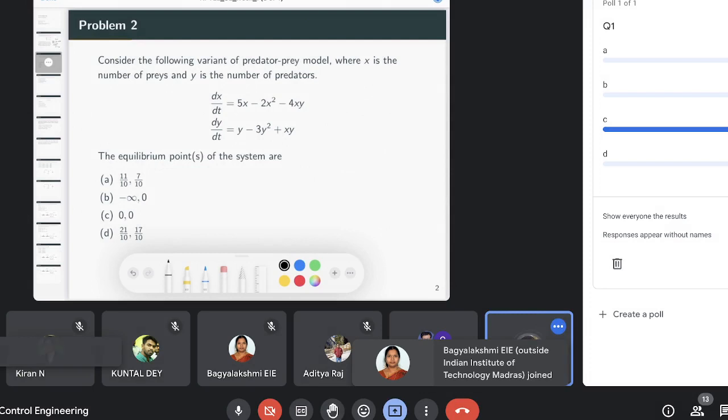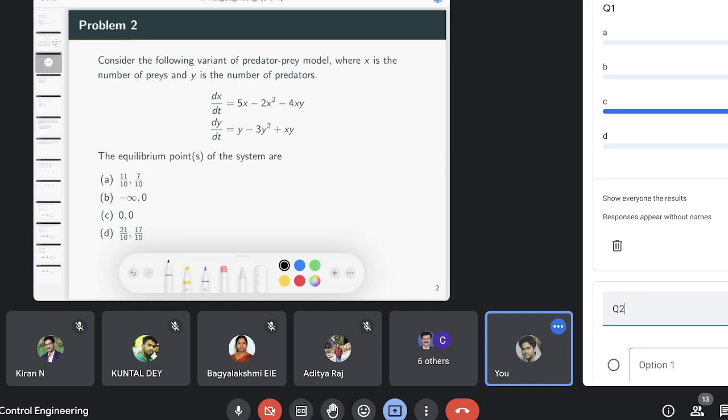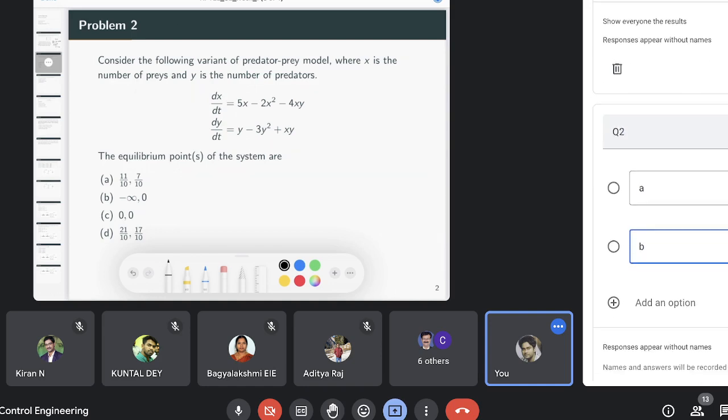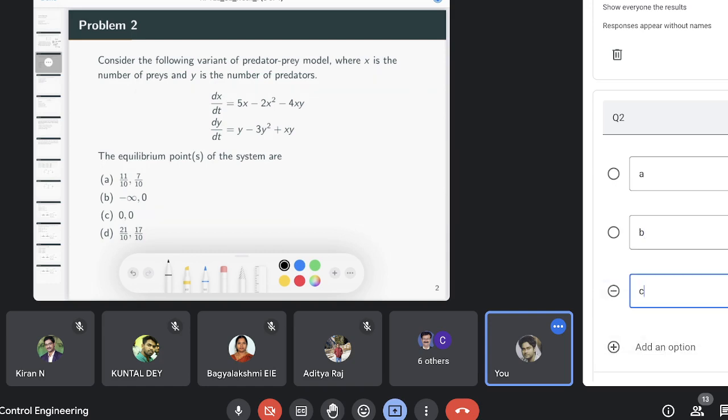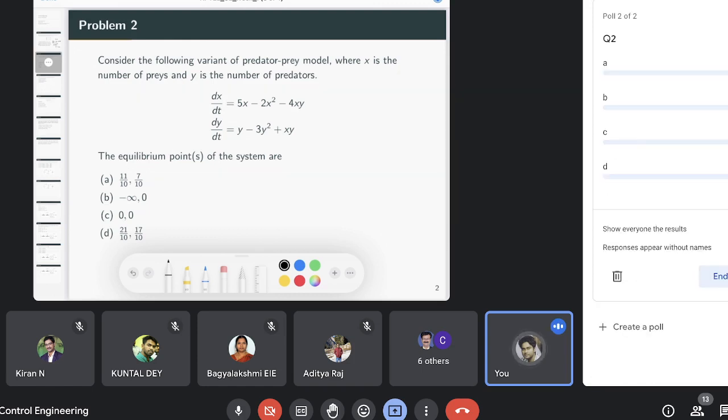Again I'll create this poll, you just answer this. For this question you have multiple options, so you can choose more than one.